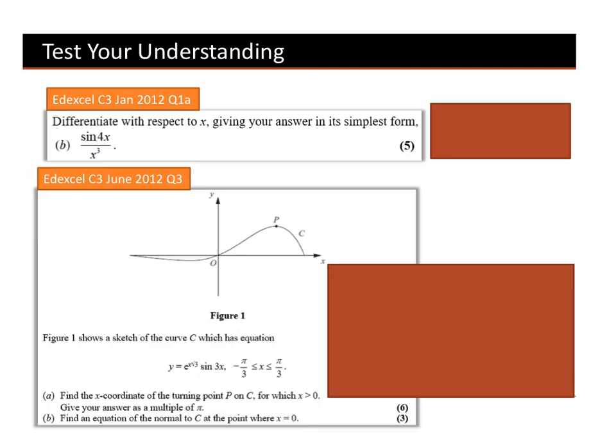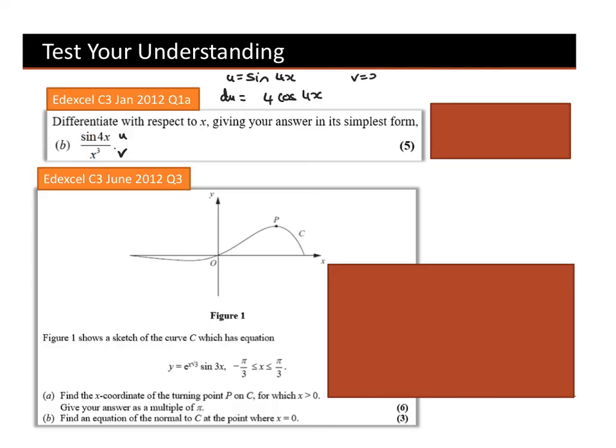Give them a go. Okay, so here we have 2 functions divided by each other. So the first thing, my v is my denominator, my u is my numerator. So u equals sine 4x, du equals differential of sine is cos of 4x multiplied by the differential of the bracket, 4 cos 4x.